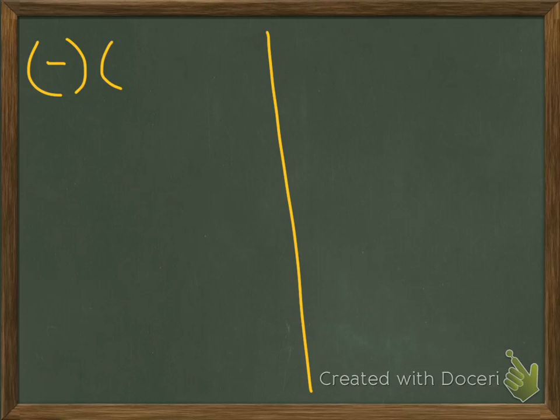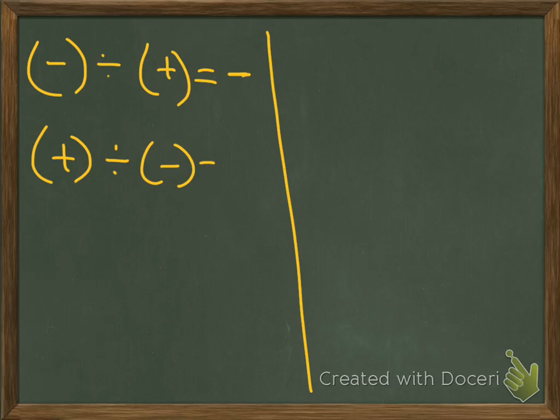When I do division, I could write it a couple of different ways. I could write it as a fraction, or I could write it with a division symbol. Let's do it first with the regular division symbol. If I do a negative divided by a positive, I'm going to get a negative. If I do a positive divided by a negative, I also get a negative.